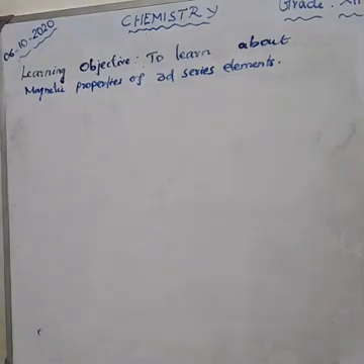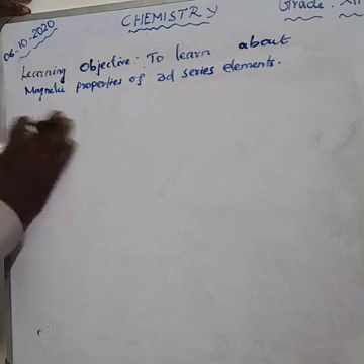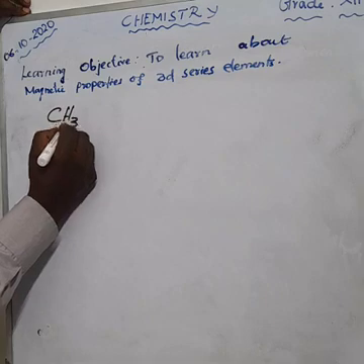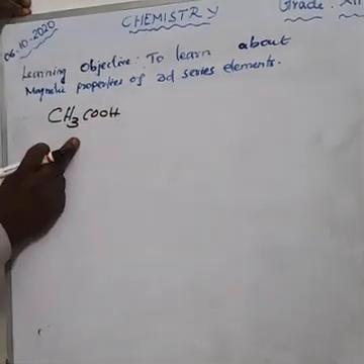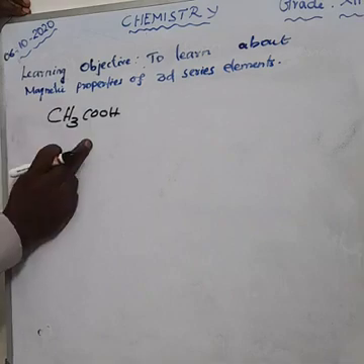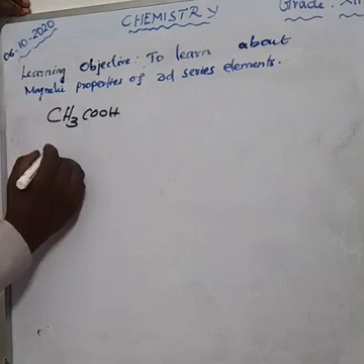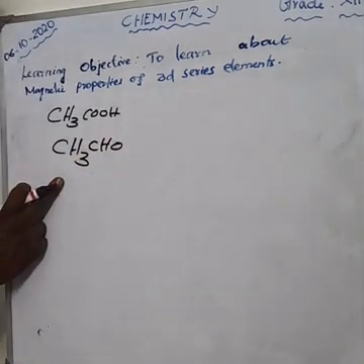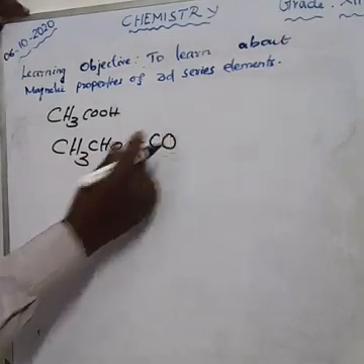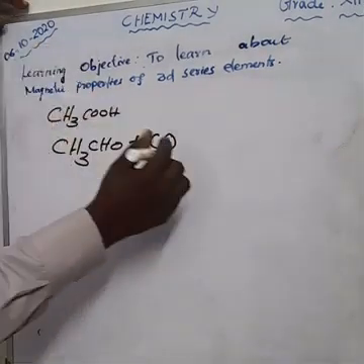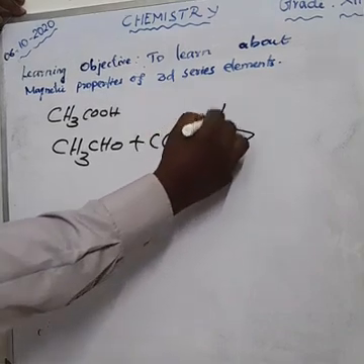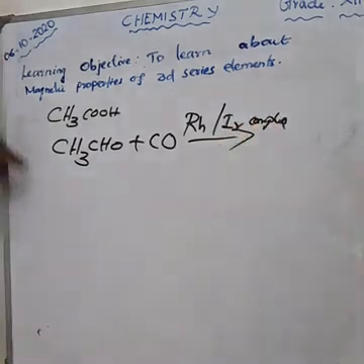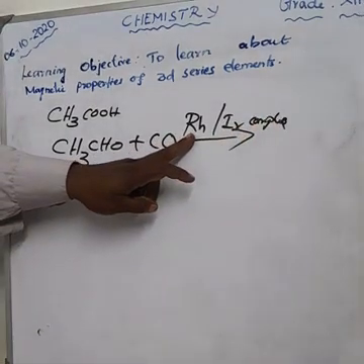The next one is preparation of acetic acid from acetaldehyde. What is the formula for acetic acid? CH3COOH. How is acetic acid prepared? From acetaldehyde, CH3CHO. This reacts with carbon monoxide in the presence of a rhodium or iridium complex catalyst.